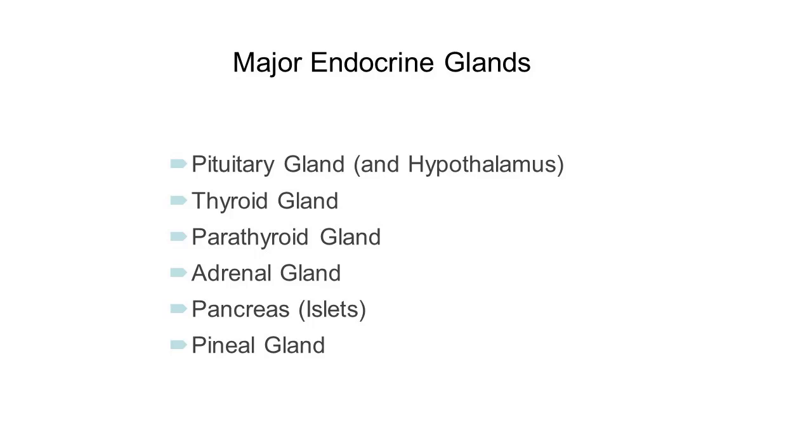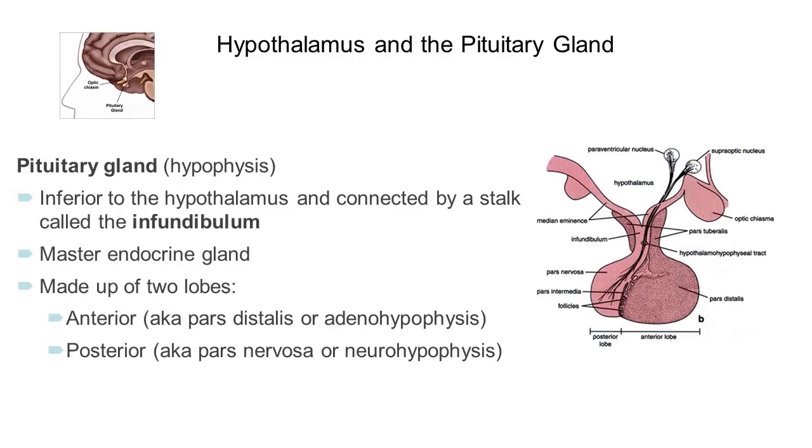All right, now back to endocrine system. This is our list that we left off with last time, where we're going with our glands, and we are going to start off with the master regulatory gland of the endocrine system, and this is the pituitary gland.